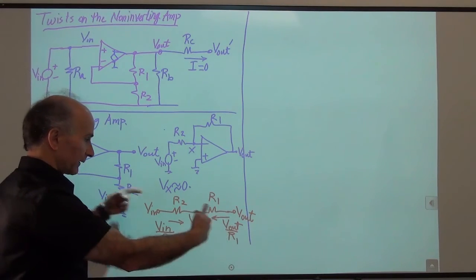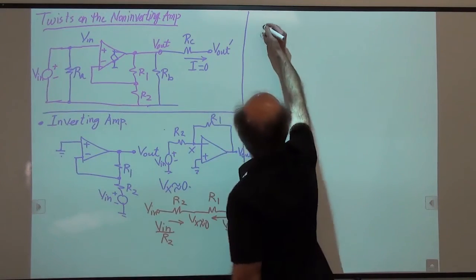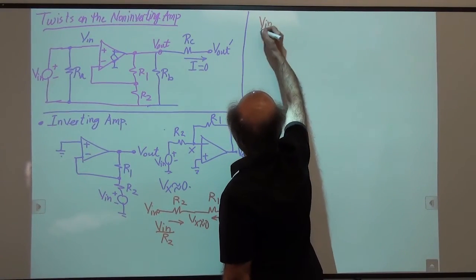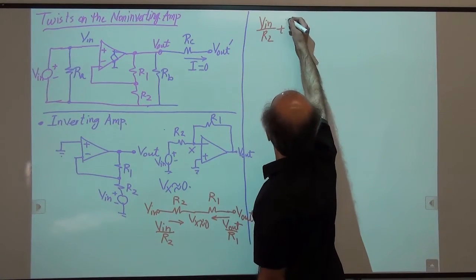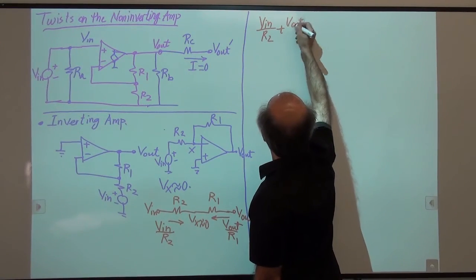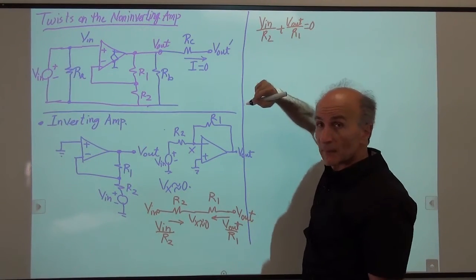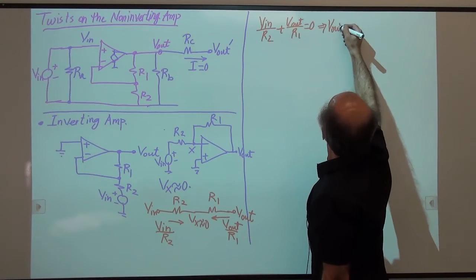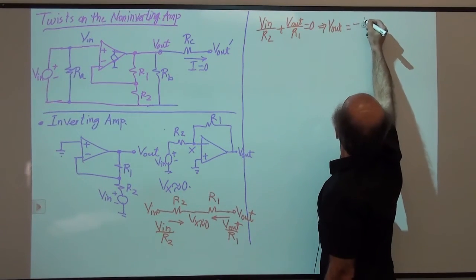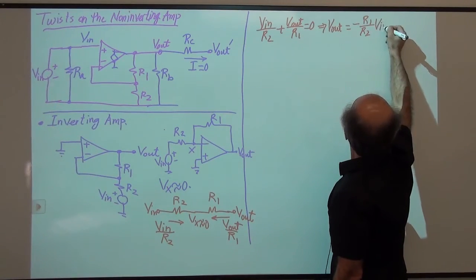Okay, so both currents are entering the node. They have to add up to 0. So we say Vin over R2 plus Vout over R1 is equal to 0. And that tells me that Vout is equal to minus R1 over R2 times Vin.